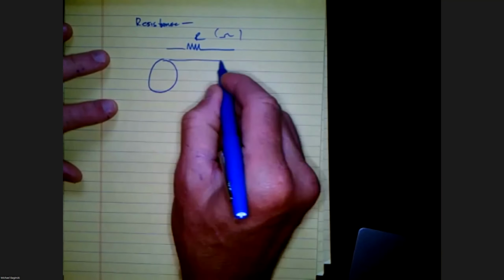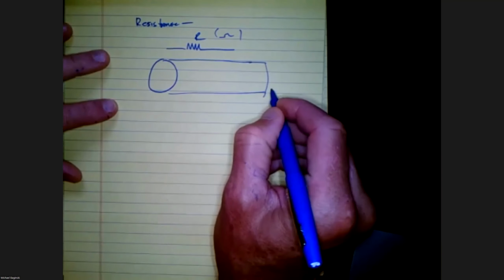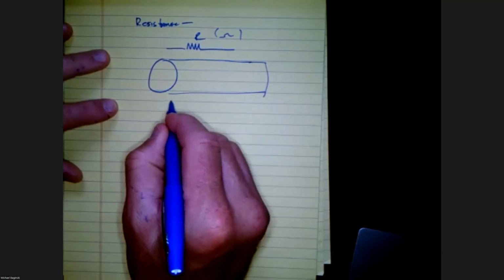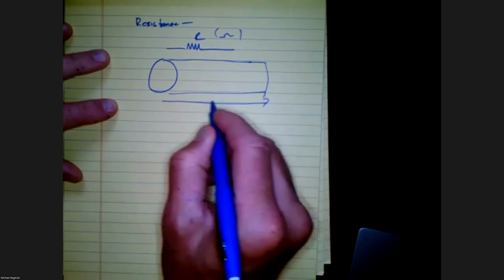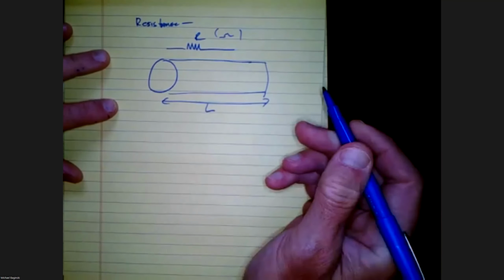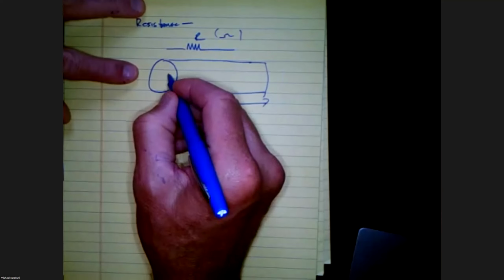So how do you calculate resistance from materials? Well, we'll start with the simplest thing. If you have a carbon tube or any material, and we assume it's got a certain length, just write this down. And we assume it has a certain radius.